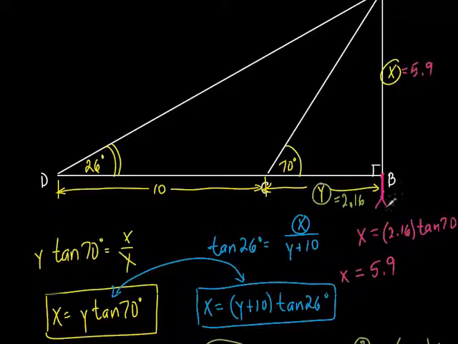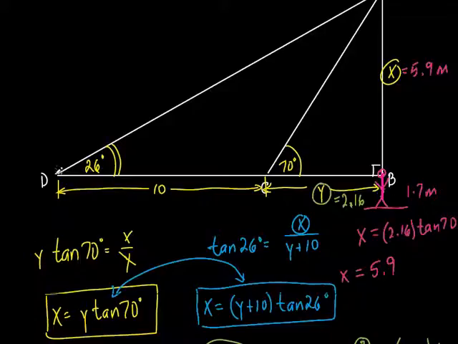It's 1.7. So here's the ground level, there's the stick figure person, and the person is 1.7 meters. From the eyeball to the top of the tree is 5.9 meters. So what do you do to find the whole height of the tree? Just add the two together. That's 7.6.